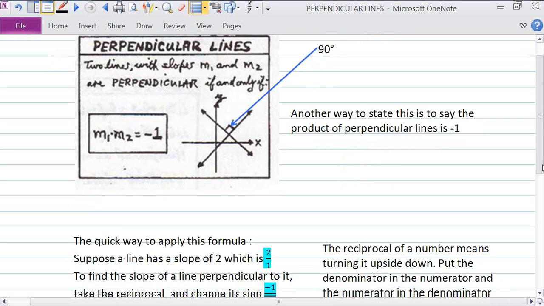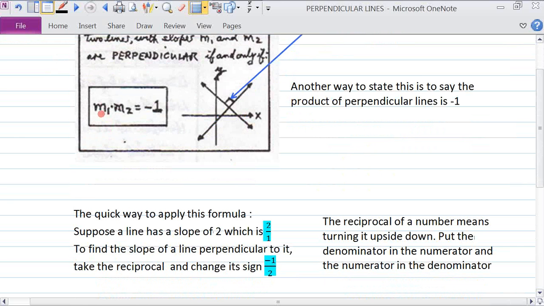So how are these related? Well, if m1 is the slope of one line and m2 is the slope of the other line, the product of these two slopes will be -1. Let me repeat that.